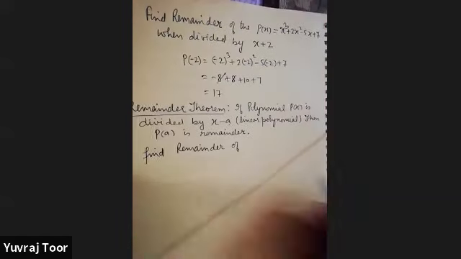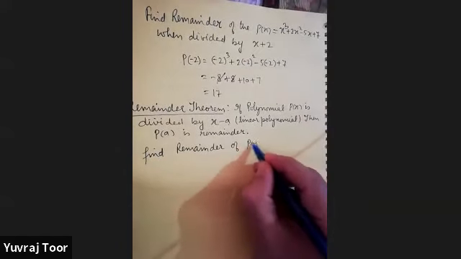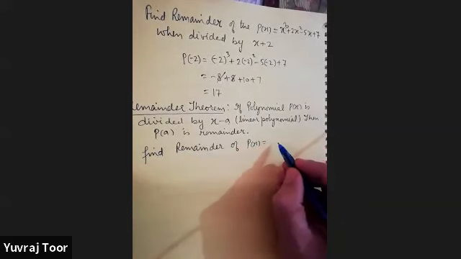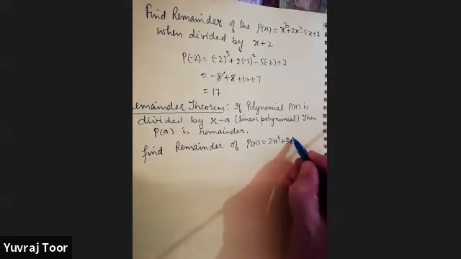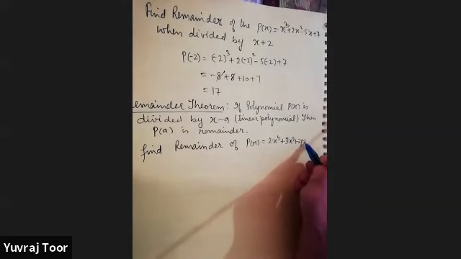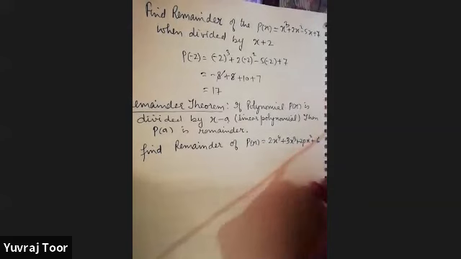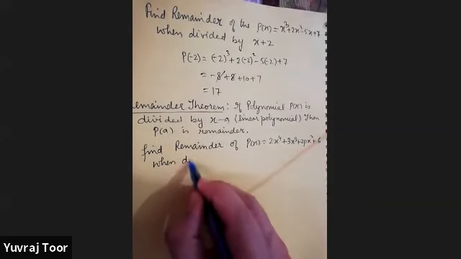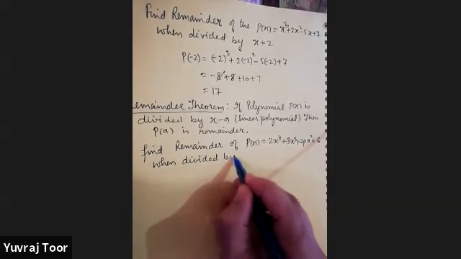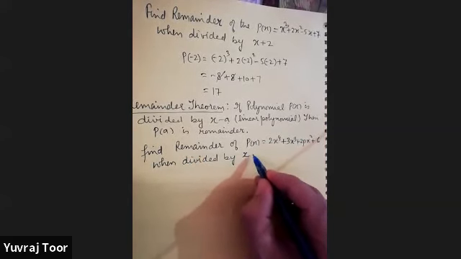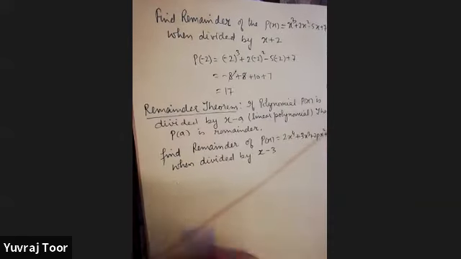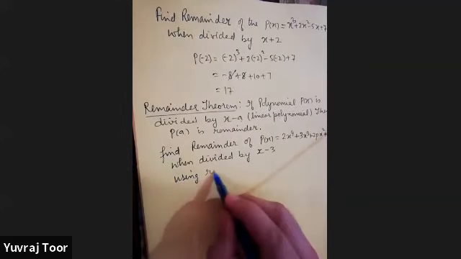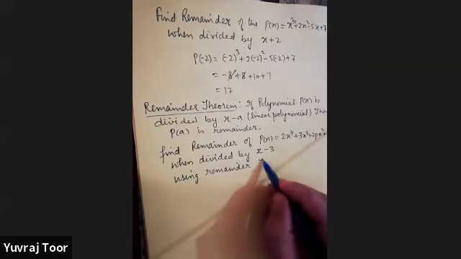Before we proceed, find the remainder of the polynomial 2x raised to power 4, 3x cube plus 2x square plus 6, when divided by x minus 3, using the remainder theorem.